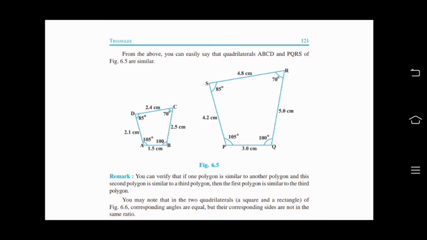Its corresponding side RS is 4.8 centimeters. 4.8 is twice 2.4. So the corresponding sides ratio of 1:2 is maintained for all the sides. So corresponding sides are proportional in these two quadrilaterals. So both of our conditions are satisfied. Hence we can say quadrilateral ABCD is similar to quadrilateral PQRS, since both the conditions are satisfied.